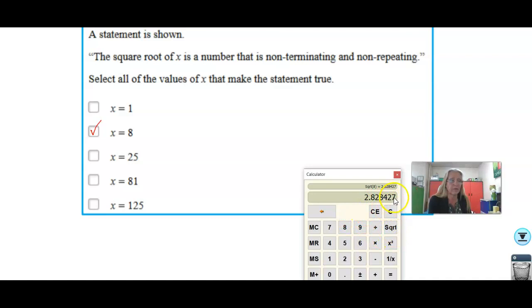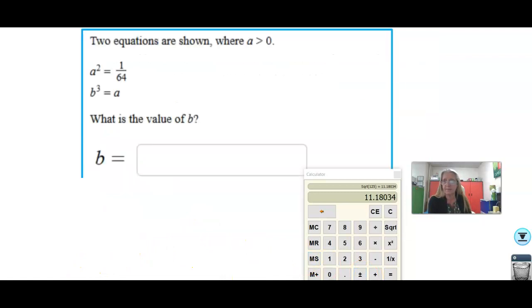It's just going to keep on going, okay? 25 is a perfect square, so we're not marking 25. The square root of 25 is 5. That terminates. The square root of 81 is 9. It terminates. What about the square root of 125? Oh, that's going to be non-terminating and non-repeating. Okay, so be careful when you're reading these questions. They tend to get kind of wordy and they try to trick you a little bit.